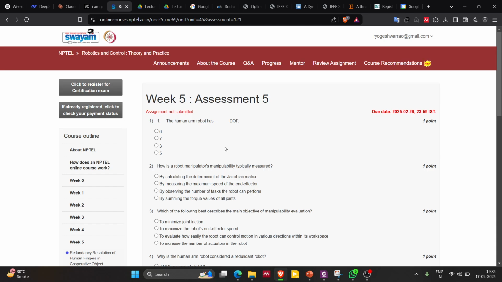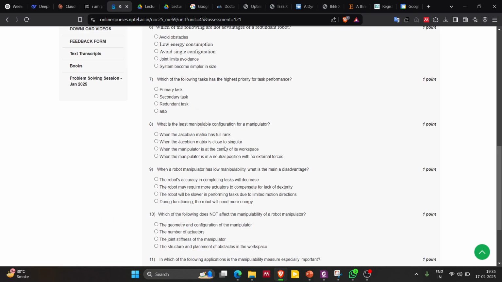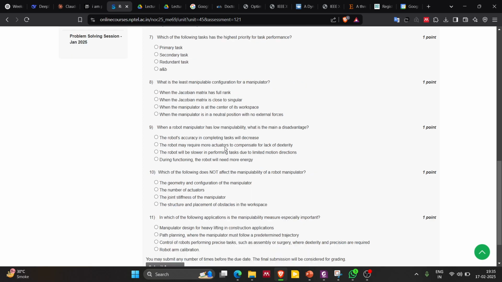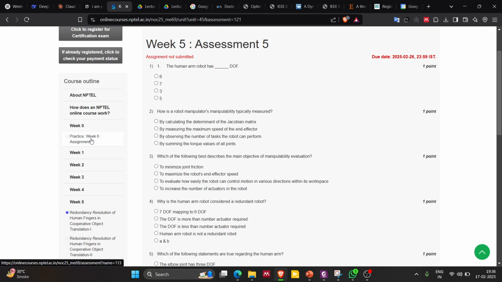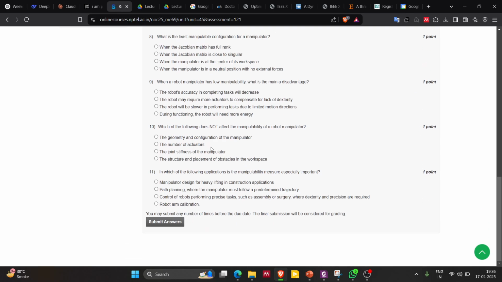So you don't need to go through the complex mathematics. The exam has some numerical ability questions, but I think the exam doesn't have any subjective part. Other NPTEL courses do, but I don't know about this one. Mostly they don't ask subjective questions.